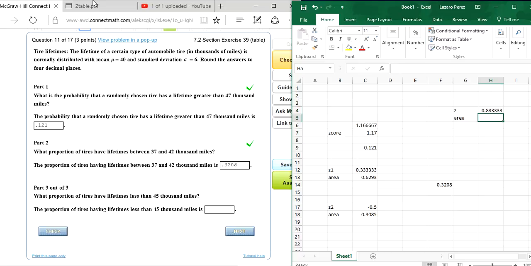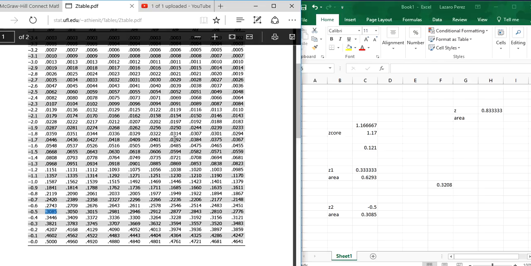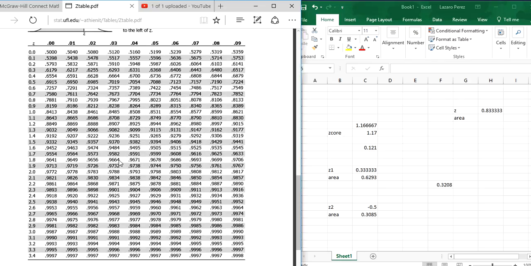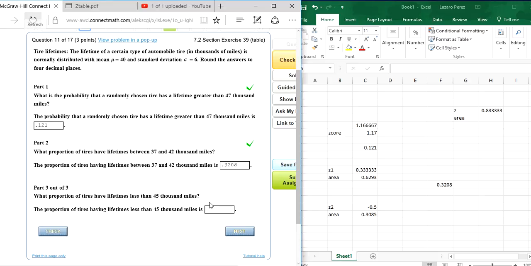So 0.83. All right, right here, 0.83. So 0.7967. That will be our answer.